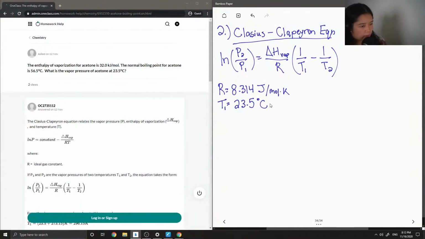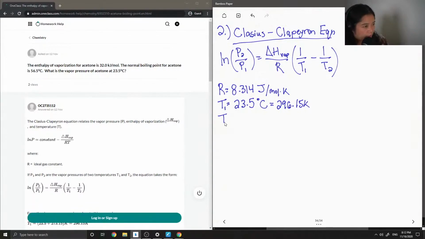So I'm going to convert this to Kelvin since I want it in the same units as my R. So converting this to Kelvin would be 296.15 Kelvin.